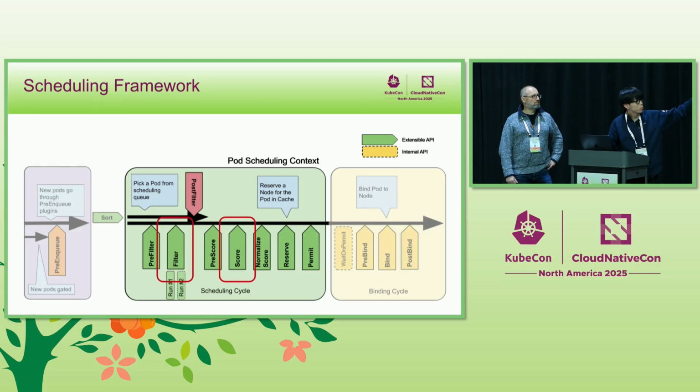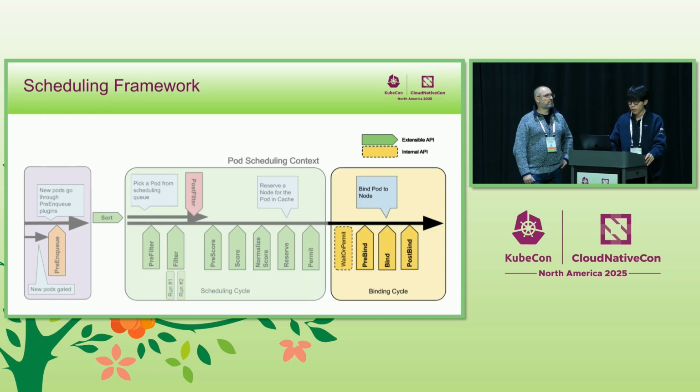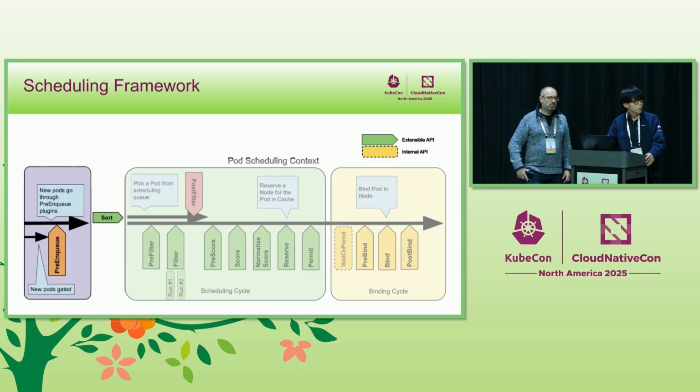This green box is called the scheduling cycle. This is literally the phase that decides the placement of pods. Then we have the yellow area, which is called the binding cycle. This is the phase that actually makes an API call to bind the pod onto a node. And this purple area is the scheduling queue.